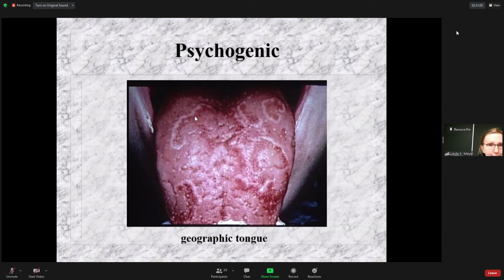I know we've had some students with geographic tongue, and when they were doing their checkouts in preclinic or during finals time, it would appear. Because this can appear and disappear and reappear in other areas, or it can get enlarged. It can be constantly changing.